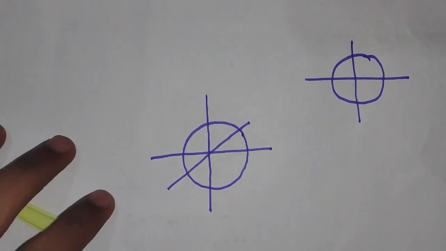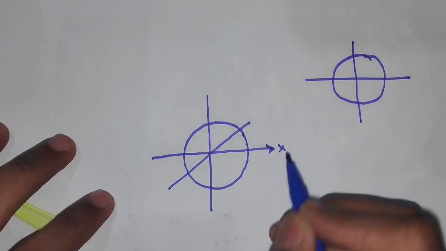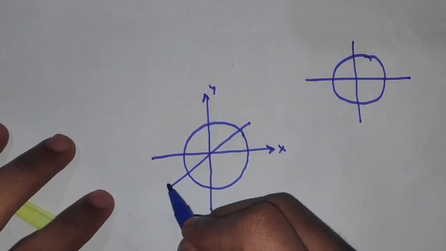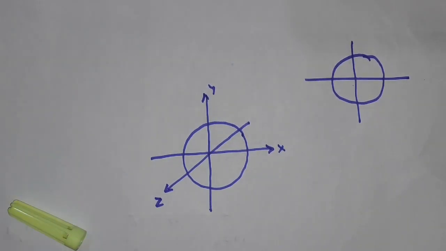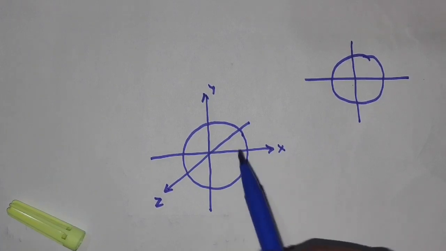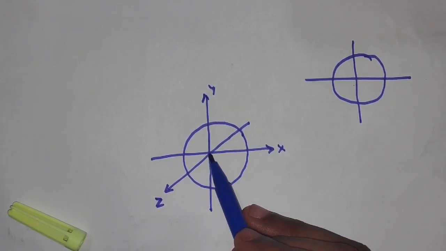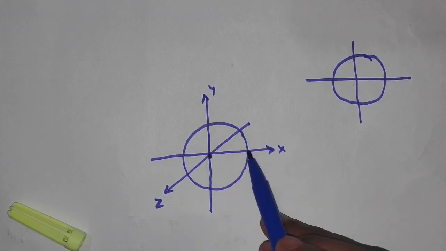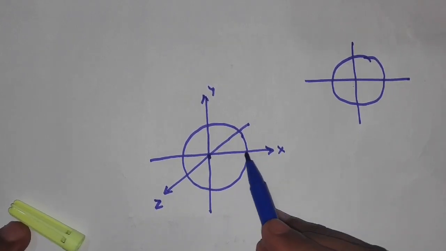So here we have an example. I am taking the X, Y and Z axis, so in a three-dimensional space. Then from this point onto the X axis I'll take one distance.